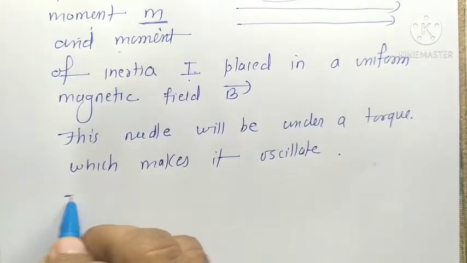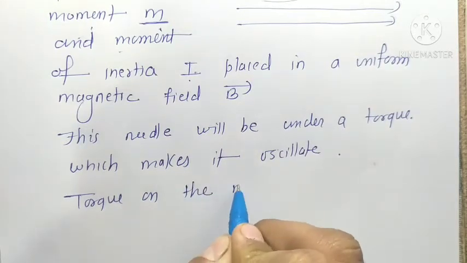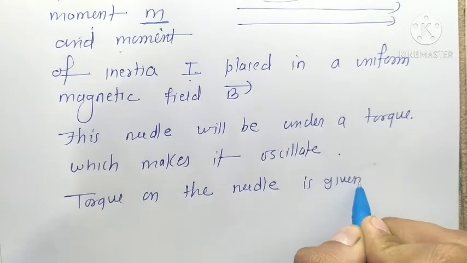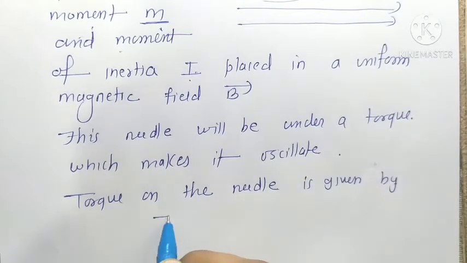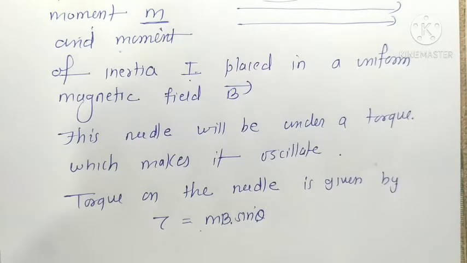So the torque on the needle is given by torque = mB sin theta, where m is the magnetic moment, B is the magnetic field, and theta is the angle between them.